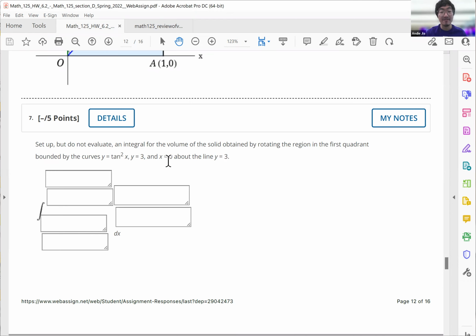You need to find the region between tangent squared of x and y equals 3, from 0 to the intersection. In this case, you need to find when tangent of x intersects, y equals tangent of x and y equals 3. It's just finding the interval, because it's hard to do with a visualization.